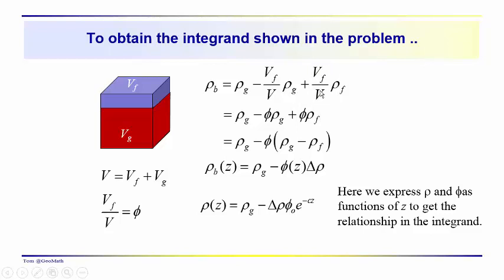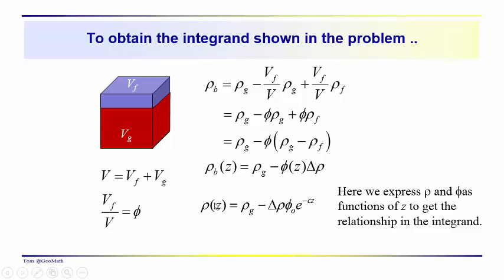We're assuming that all the pore spaces are fluid filled, and we get this relationship. We pull out a minus phi, and so we have rho sub G minus rho sub F. So the bulk density is equal to rho sub G, the grain density, minus the porosity as a function of depth times delta rho. This rho sub G minus rho sub F is just a delta rho.